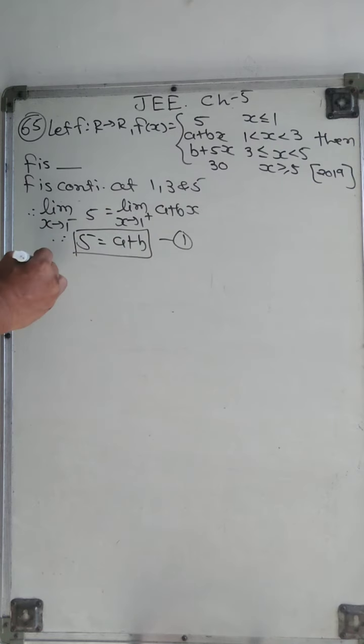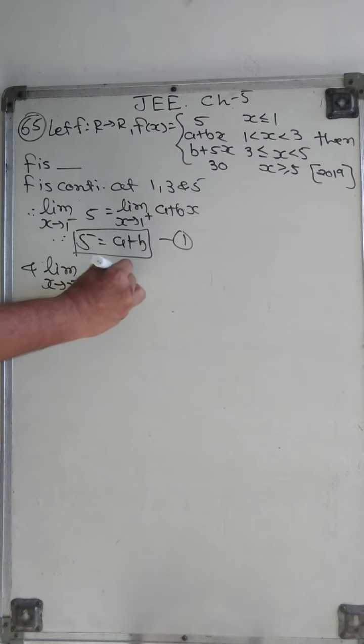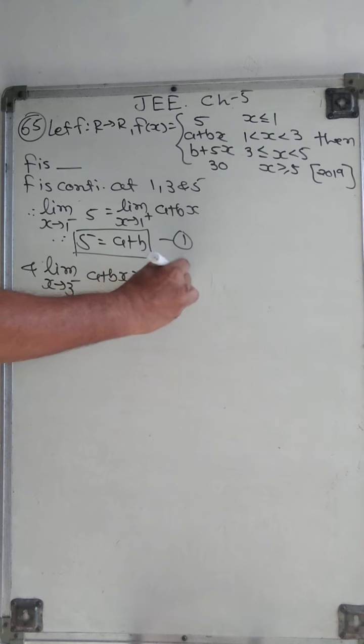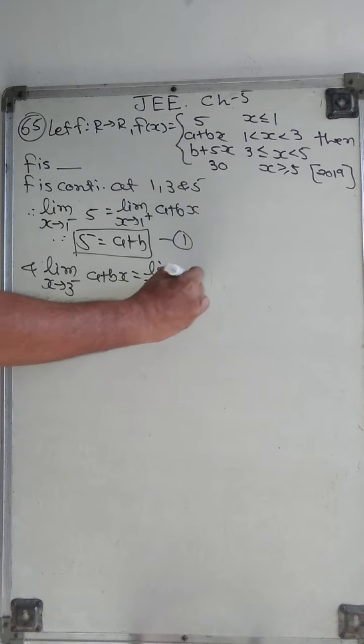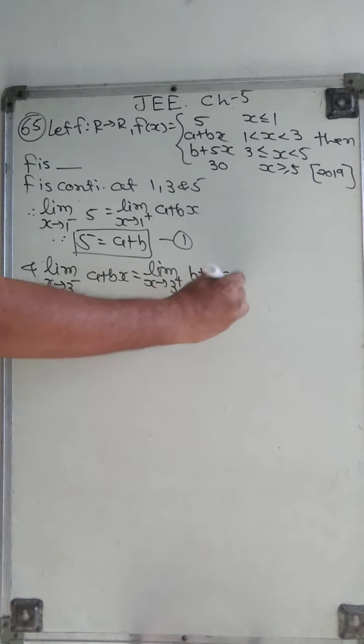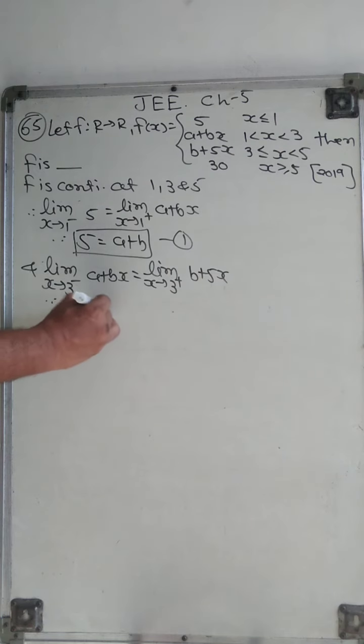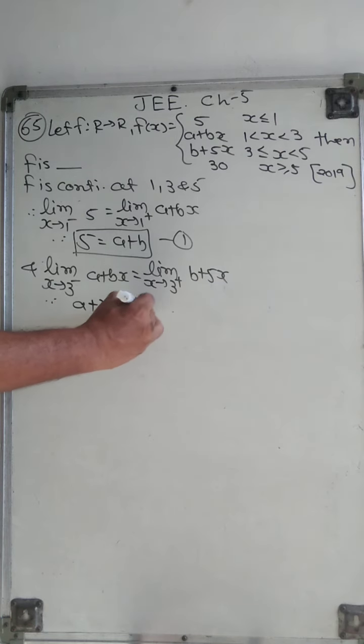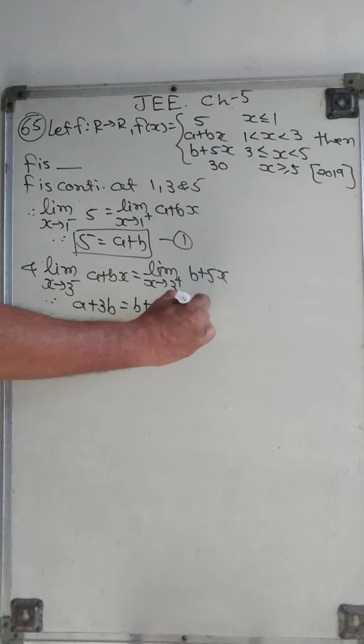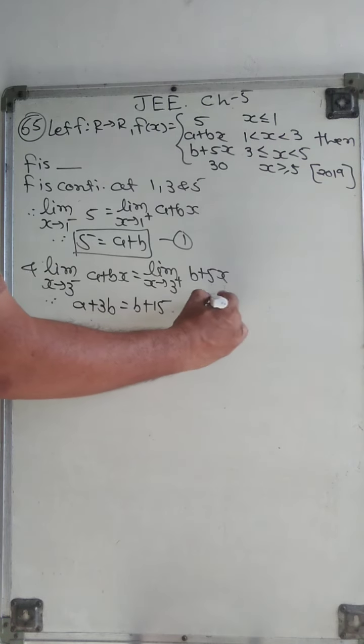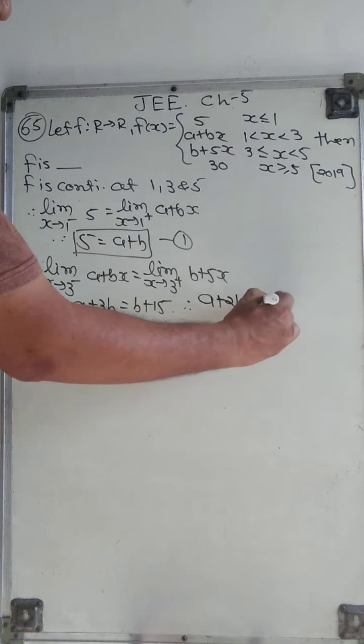Now the second one: limit x tends to 3 minus of a plus bx is equal to limit x tends to 3 plus of b plus 5x. Then again we get a plus 3b equal to b plus 15, or a plus 2b is equal to 15.